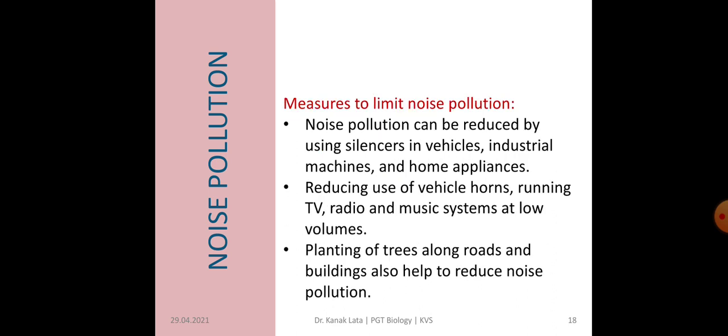Now it is about what measures are taken to limit noise pollution. Noise pollution can be reduced by using silencers in vehicles, industrial machines and home appliances. It can also be controlled by reducing use of vehicle horns, and running TV, radio and music system at low volumes. We can also control noise pollution by planting trees along roads and buildings. This is very important.